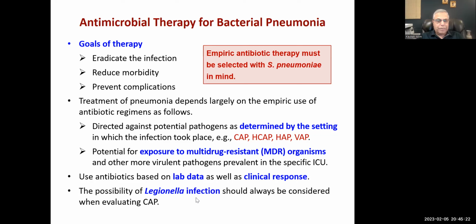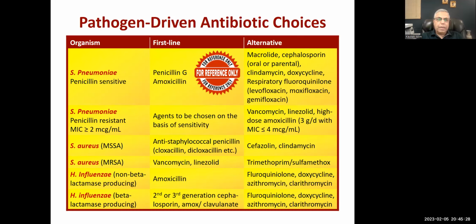The possibility of Legionella infection should always be considered when evaluating community-acquired pneumonia. All right. So here is the slide. I've given the organisms and the first-line antibiotics. So for S. pneumonia, if it is penicillin sensitive and if it is penicillin resistant, which means you are getting a minimum inhibitory concentration greater than 2 microgram.